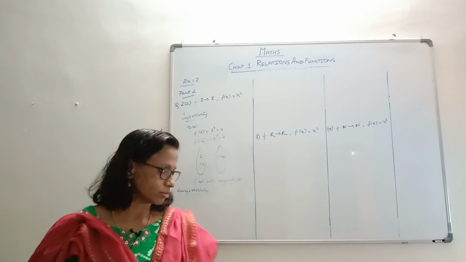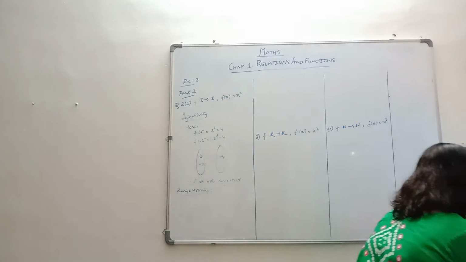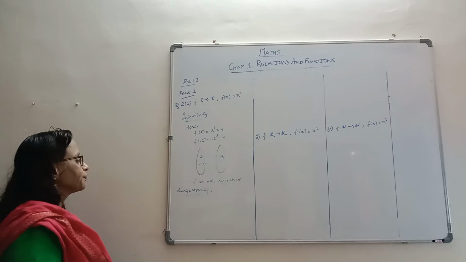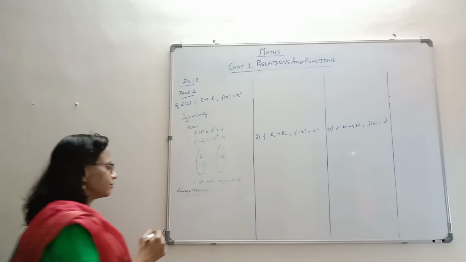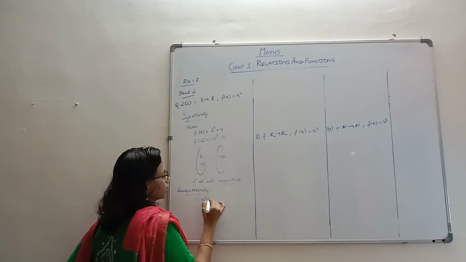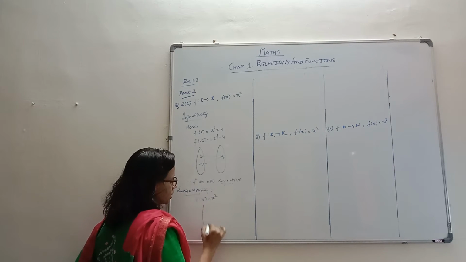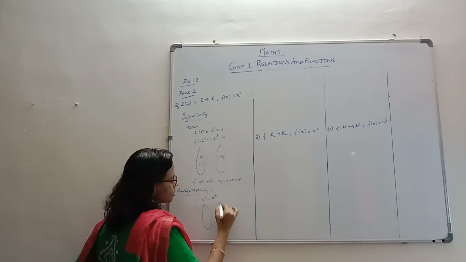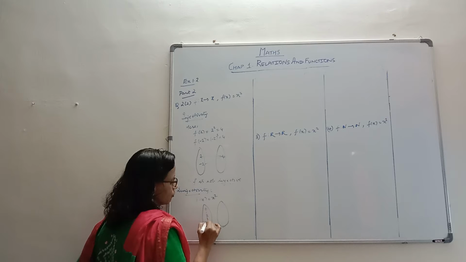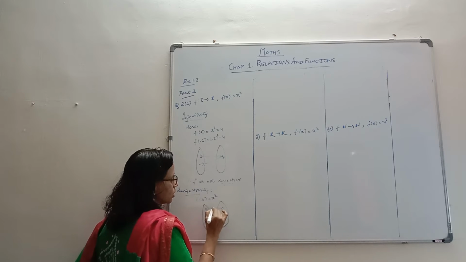So let us find that. f of x is equal to x squared. To get an idea, we'll just plot it. If we had to plot it, it's in integers, so 0, 1, 2, 3, 4 and so on. 0 will go to 0, x squared.